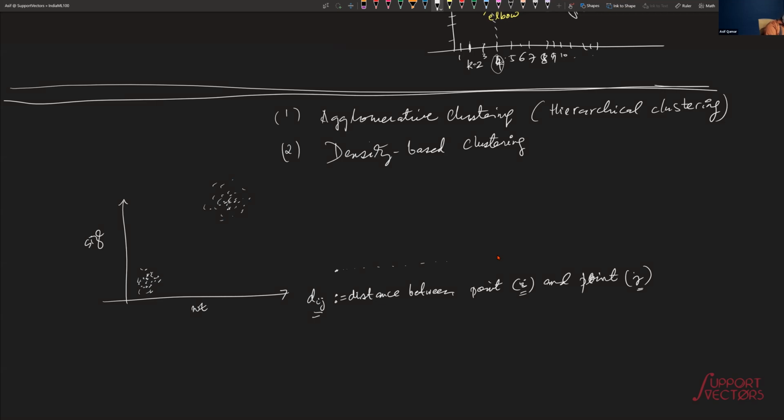So you find the 2 points which are closest to each other. Maybe it is these 2 points, who knows? Something like this.